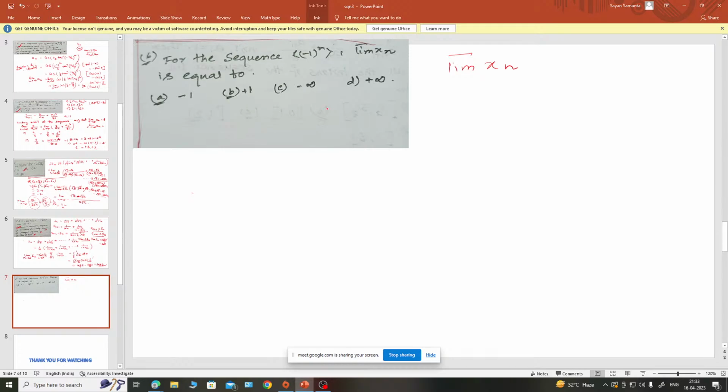For the sequence minus 1 whole to the power n, limit supremum of xn is equal to minus 1, 1, minus infinity, plus infinity. Which option is correct? Please comment.